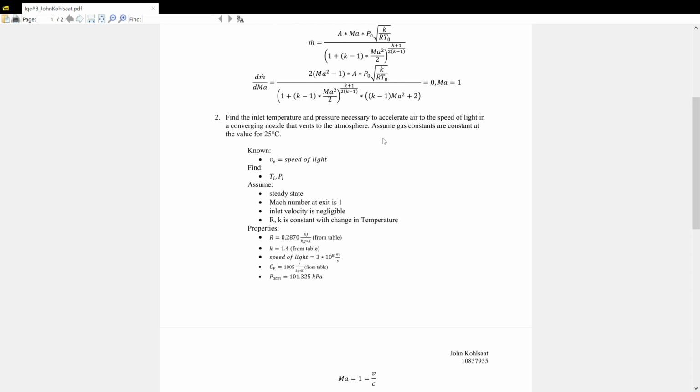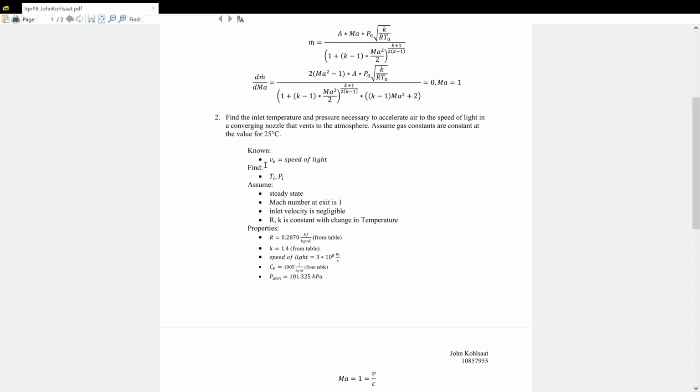In fact, Cp, Cv, and therefore K all increase with temperature. And since the temperature for this problem will be incredibly high, it would be incredibly difficult to estimate those values. And so we essentially have to estimate it at a value. And for this problem, it's chosen to be the values for 25 degrees Celsius.